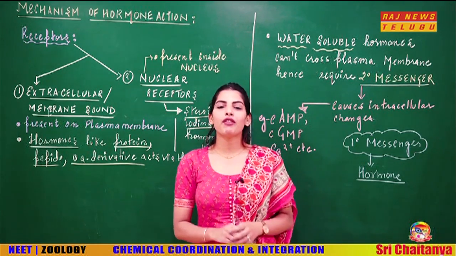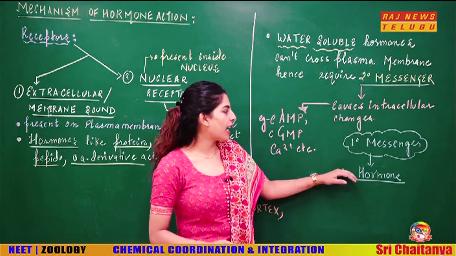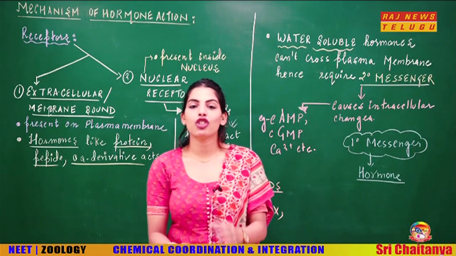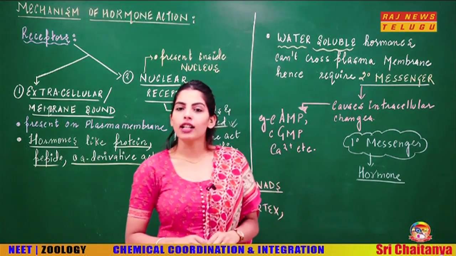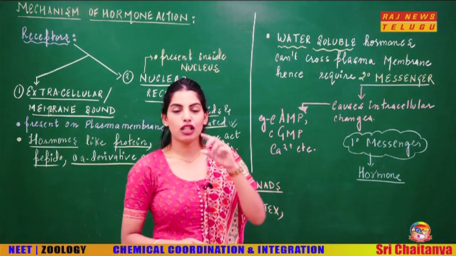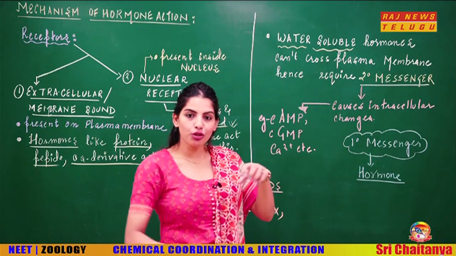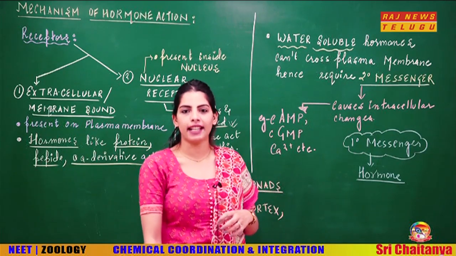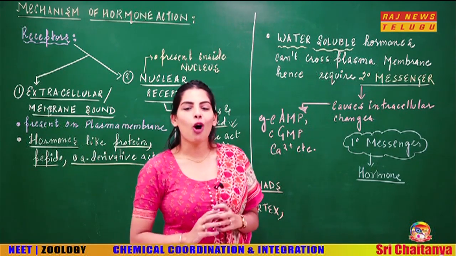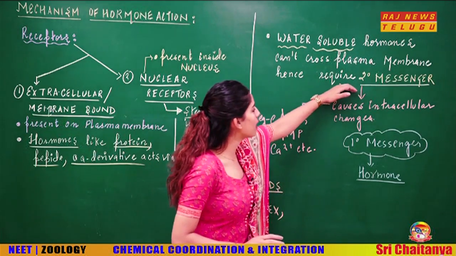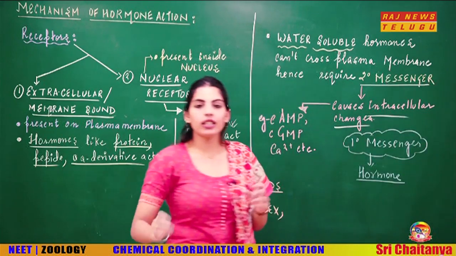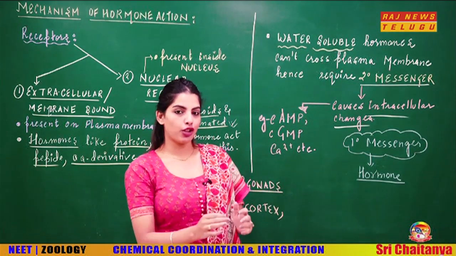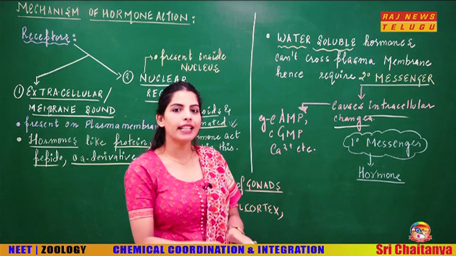The hormone that brings the information is going to act as the primary messenger. But since it cannot cross the plasma membrane, it requires something which is going to carry the information inside the cell. So all the water-soluble hormones will require a secondary messenger which causes intracellular changes, the changes inside a cell.